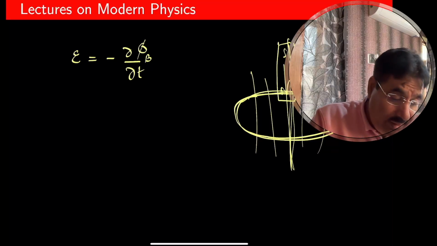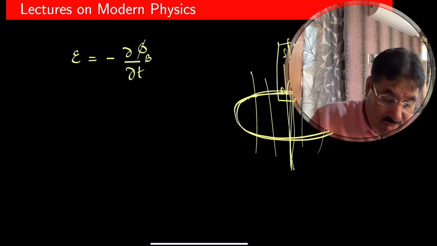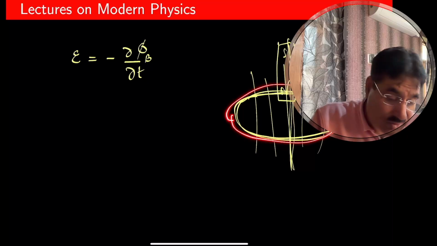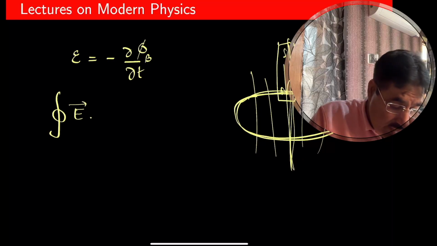Now I put this equation in the integral form. You know that E can be put in the integral form because EMF is kind of voltage, so it is like work done. So here the work done on the charge is over the entire path. We integrate E dot dl.